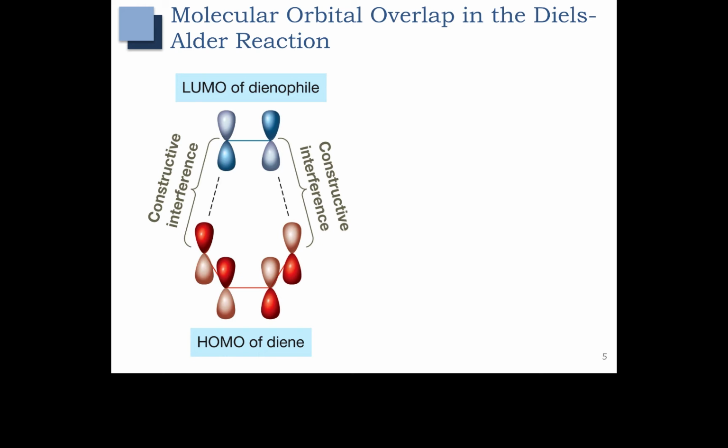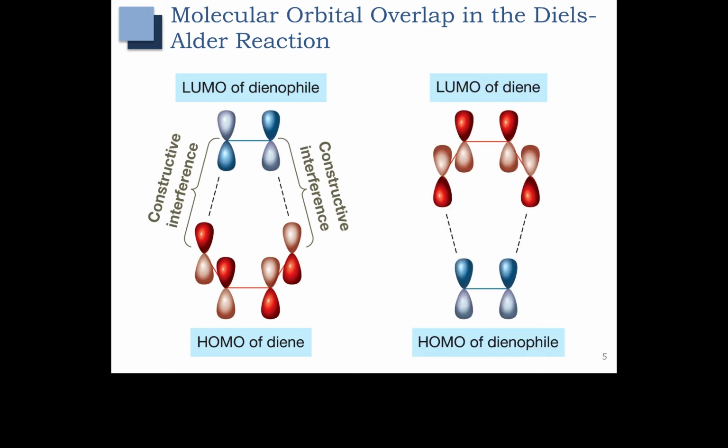So you can see constructive interference shown here and here, because the HOMO of the diene and the LUMO of the dienophile are going to match up. You could also have the opposite situation, where we have the LUMO of the diene and the HOMO of the dienophile interacting. And this is also a good situation. We just have to make sure that that gap is small.